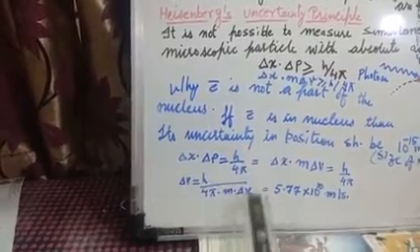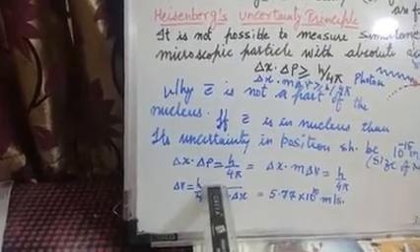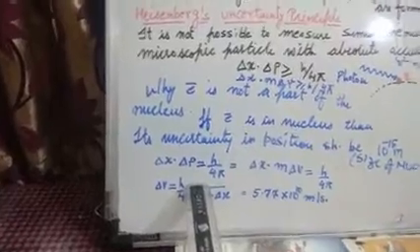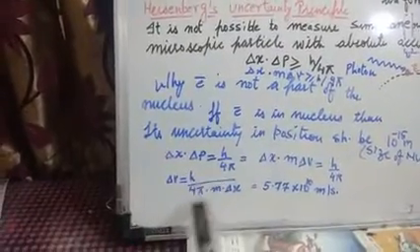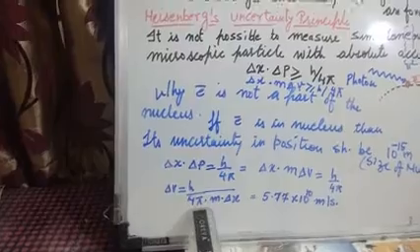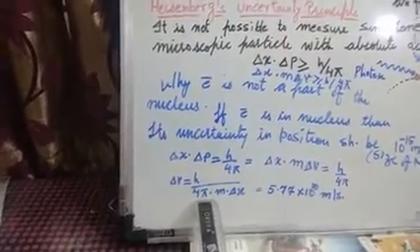On keeping all the values, h is Planck's constant, 6.6 into 10 to the power minus 34 joule second. 4 is constant, pi is also constant, 3.14 you can take, or 22 upon 7.